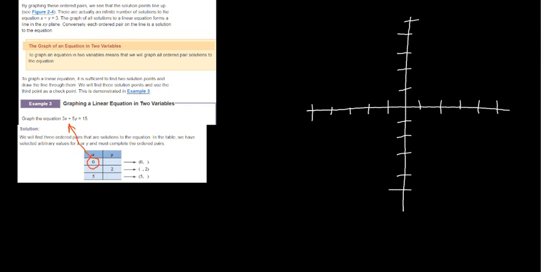So for instance, this first one is a 0, so we plug a 0 in for x. Well, that just becomes 3 times 0, which is 0, so 0 plus 5y is equal to 15, and then if we divide both sides by 5, we have y is equal to 3. Okay, so I told you the 3 is kind of messed up there, right? Can't draw 3 here.